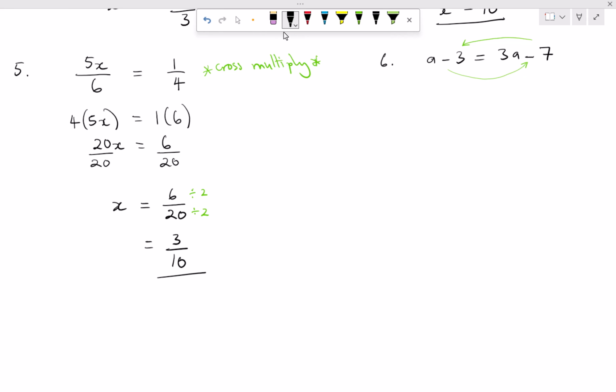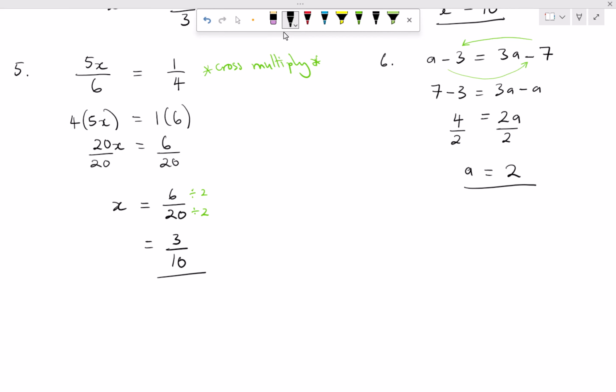So that is why I'm moving a, because the bigger number 3a is on the right side, and then 7, if I move it to the left side, becomes the bigger number. So it would then give me a positive. So I have 7 minus 3 is equal to 3a minus a. All right, 7 minus 3, that is 4, is equal to 3a minus a, that is 2a. So I divide both sides by 2, and the answer becomes a is equal to 2.